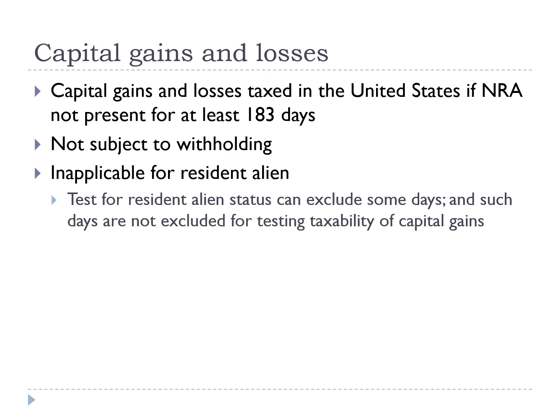In addition, the test for resident alien status includes an exception where an alien has a closer connection to a tax home in another country, and this exception does not apply when determining the taxability of capital gains. So it is possible for an alien not to meet the regular physical presence test, but to meet the 183-day test under this special rule.